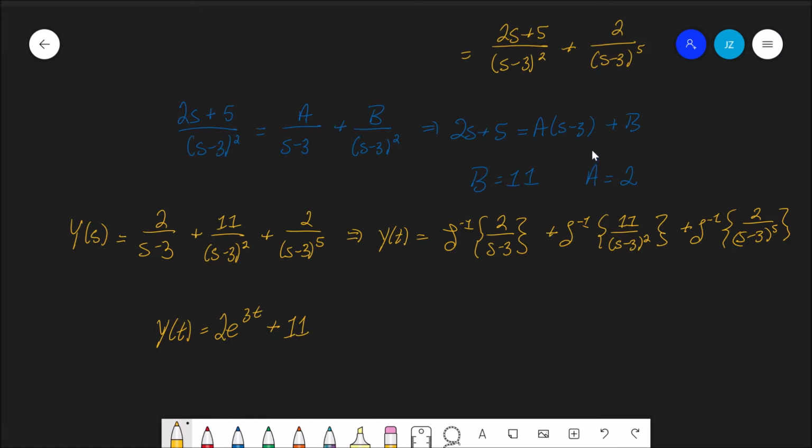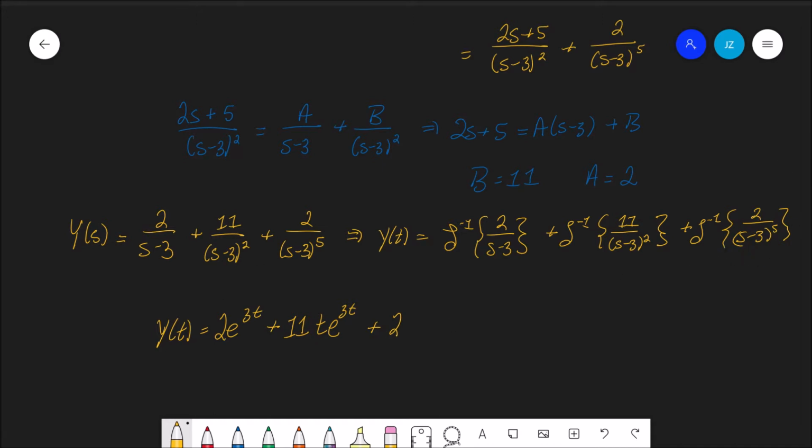Well, the inverse transform of 1 over s squared is t. So using the second translation theorem, this has to be t e to the 3t. Plus 2.